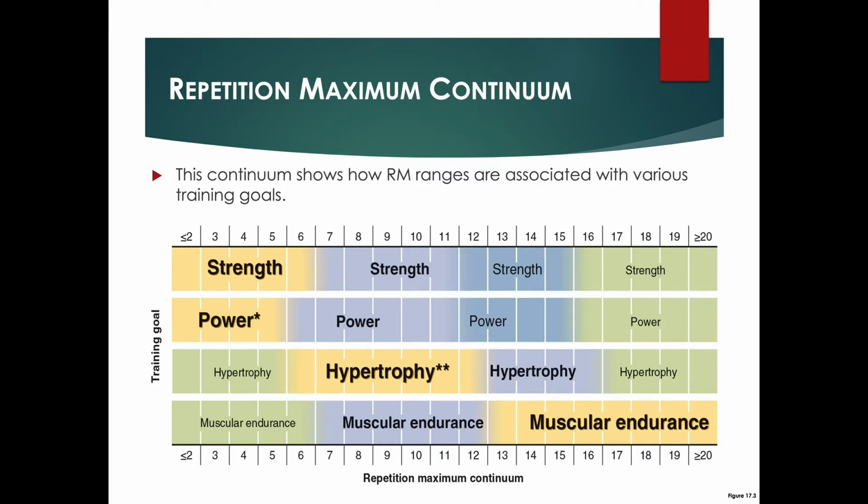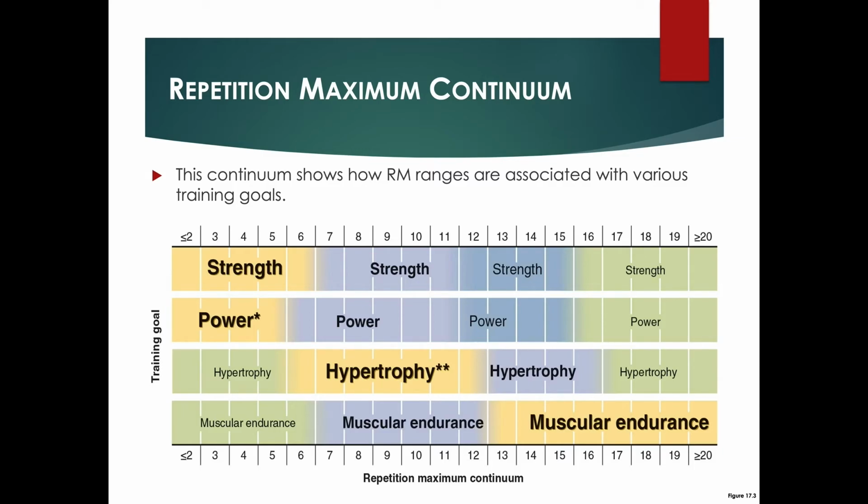So the large font shows you exactly the goal within the rep ranges. At the top, strength, up to about 6 repetitions. You're going to get stronger no matter where you train, but if you really want to focus on strength, do fewer than 6 repetitions with the heavier weight associated with the table we just talked about. Power, a little bit less, up to about 5 repetitions.